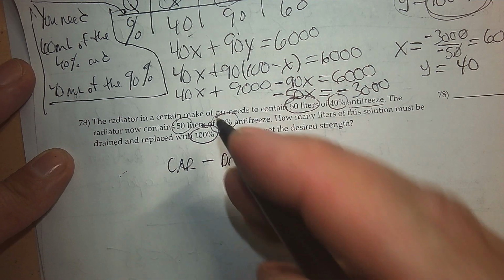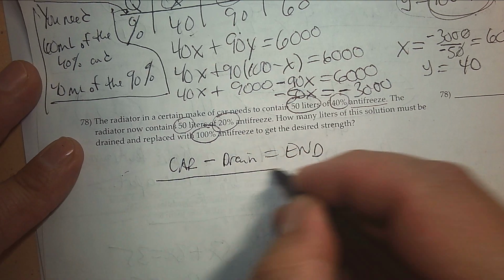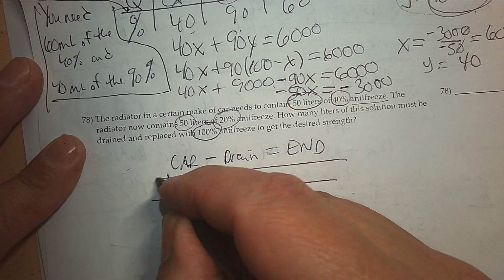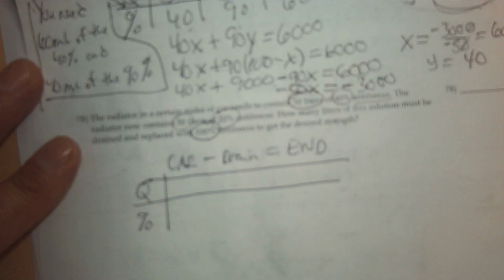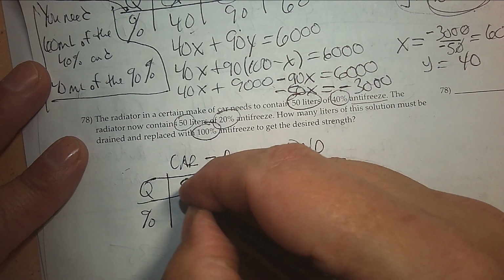So the things I care about, again, are the quantity and the percent. How much do I have right now in the car? 50 liters.